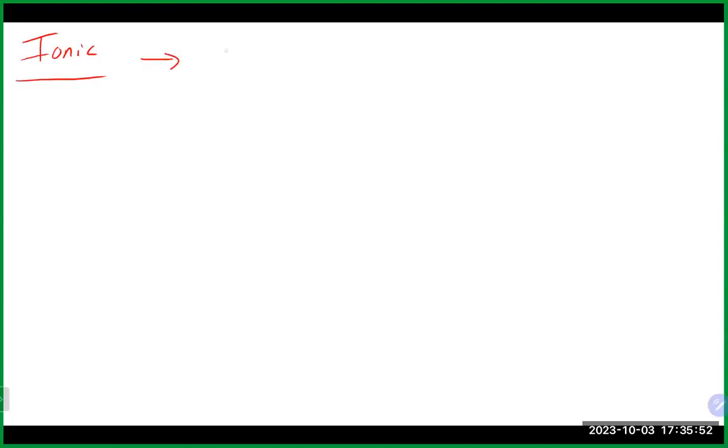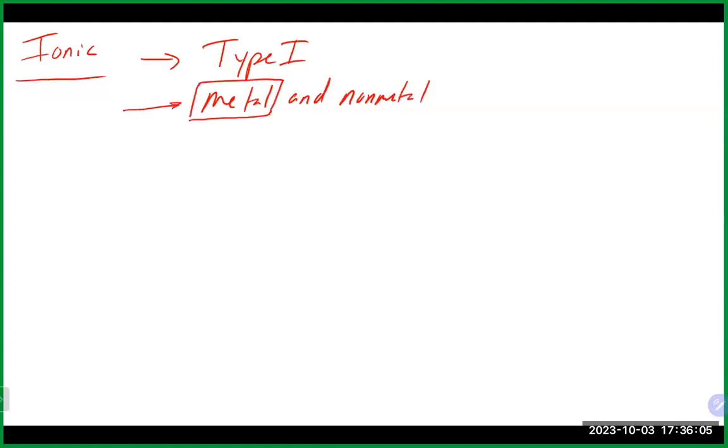So we do have our type 1, which is a metal and a non-metal. And whenever we have a metal involved, as we talked about, it really is the most important thing. In this particular case, a type 1 metal is one that has a fixed positive charge.